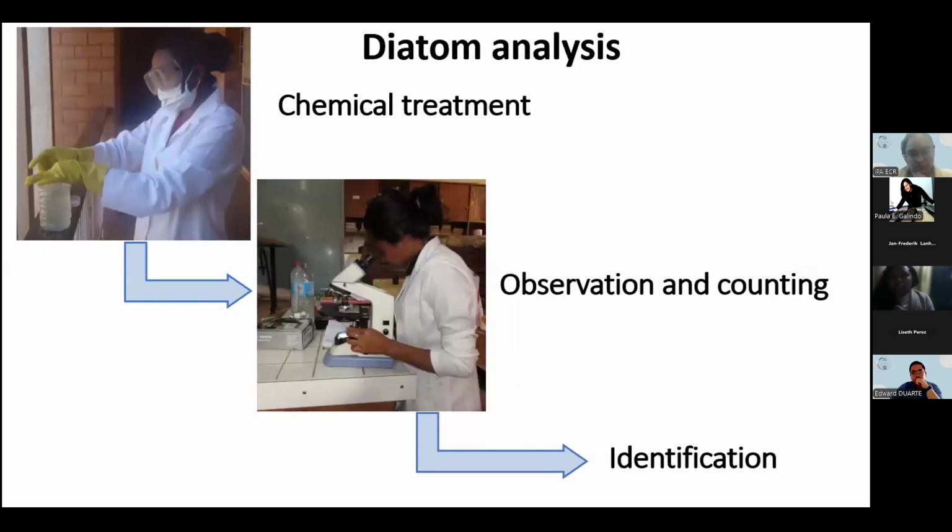So in the lab for chemical treatment, we use the standard protocol for diatom treatment. And then we did an observation and we counted each taxon because each taxon has an ecological significance for the habitat considered, and it's necessary to have the diatom assemblages after identification.